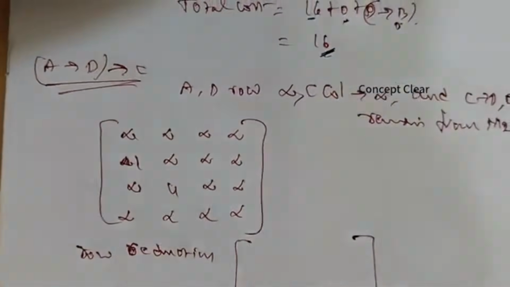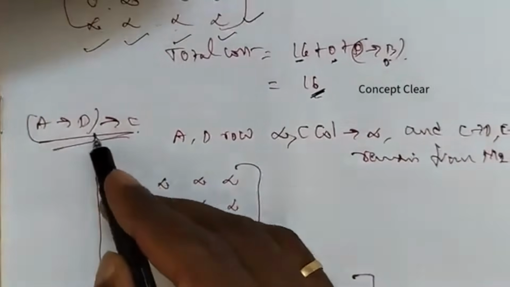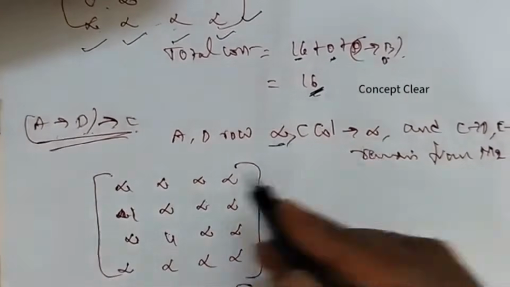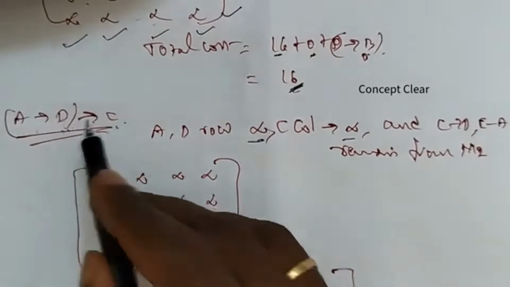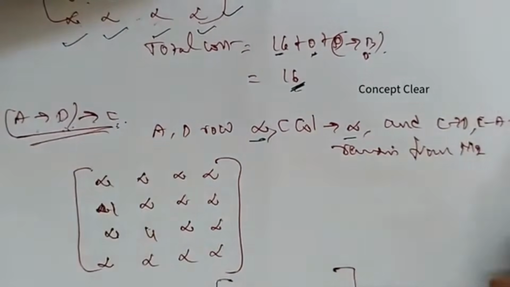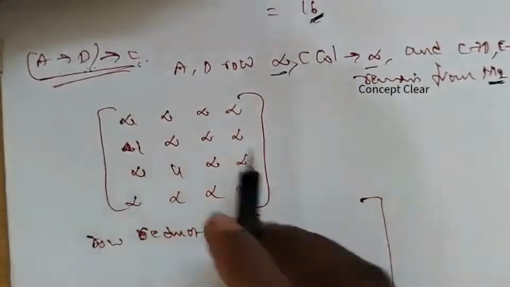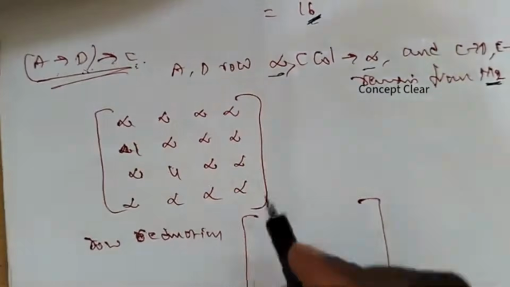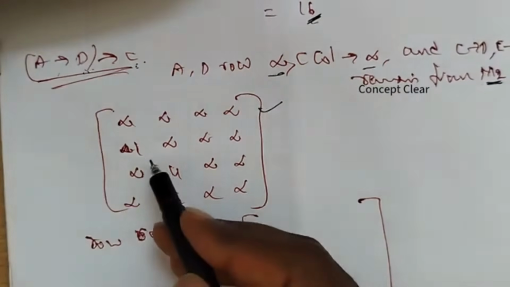Next, what is the second term? A to D to C. Here the A and D rows are infinities, the C column is infinity, and the C to D and C to A paths are infinity. The remaining are from the M2 matrix. If you write it like that, you get these values. We are checking the reduction. Here all infinity, no reduction needed.